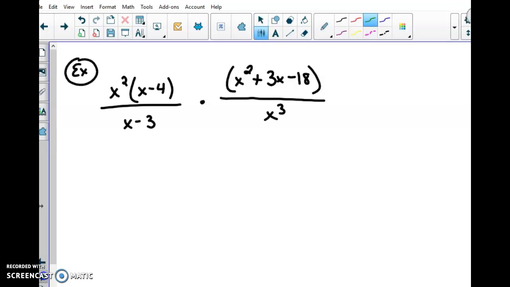Noticing here, the only expression that's not in factored form is this one. So we're going to have to use AC factoring to simplify that down to the factors. Again, because of time restraints, I'm just going to do it quickly.